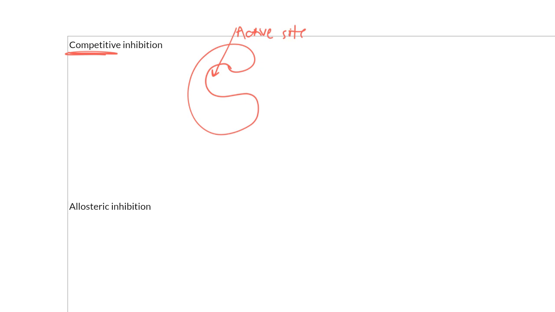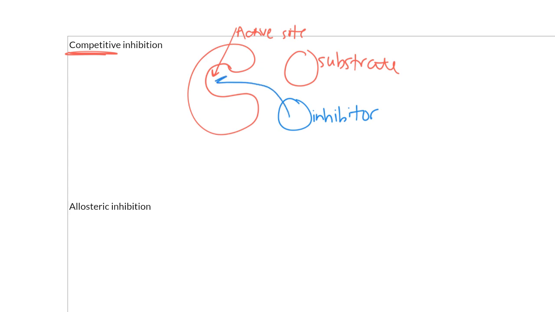If I have competitive inhibition, so let's say here's my normal substrate, but now I have another molecule that looks a lot like that substrate. Well, that inhibitor can fit right here into that active site. So if that inhibitor bonds to that active site, it has outcompeted the substrate for that enzyme.